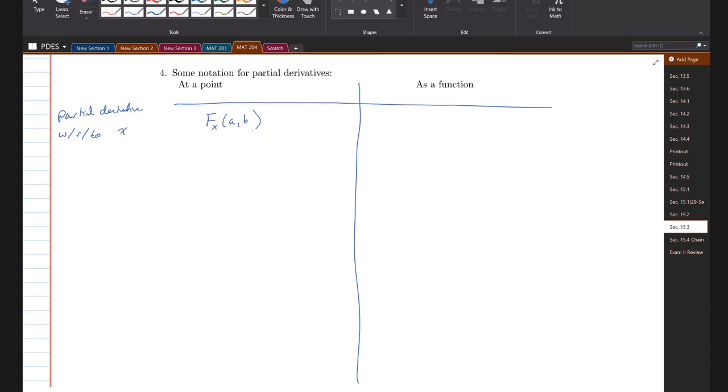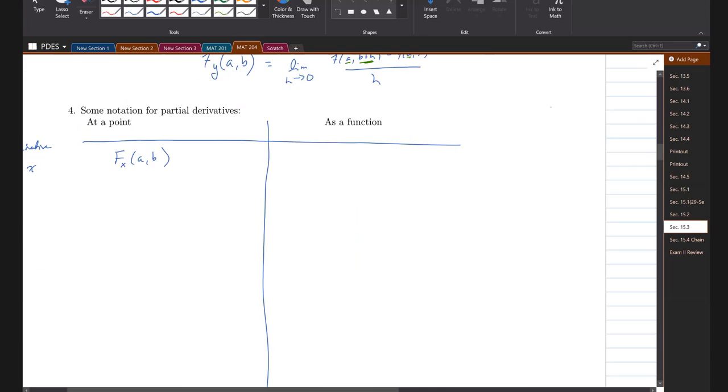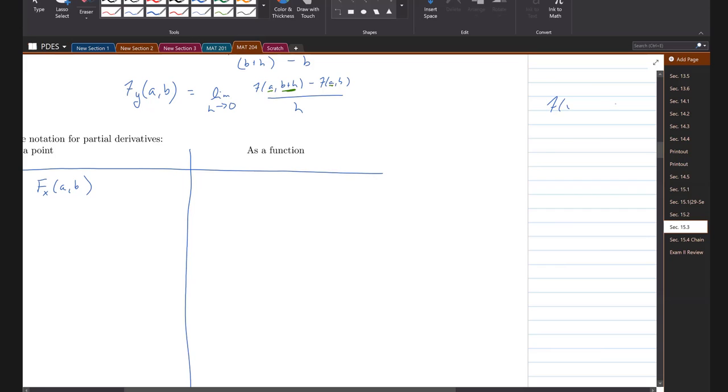I think you guys are all very comfortable with saying, here's f of x equals x squared. You know the difference between f prime of x and f prime of 2. That's the slope of the tangent line at x equals 2. This is a function that outputs the slope of the tangent line. So I'm doing the same thing here.